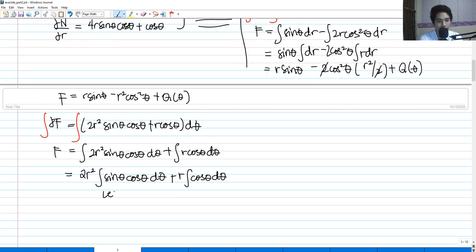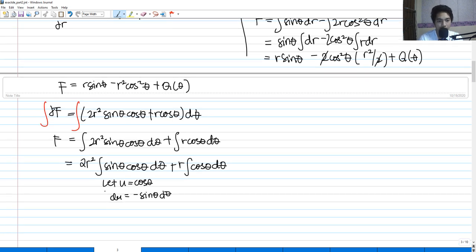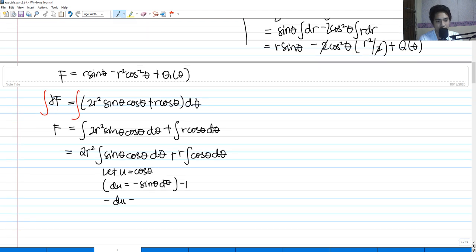I can let u equal cosine theta. Du would be negative sine theta d theta. Multiplying by negative 1, negative du equals sine theta d theta. So that's how we integrate.